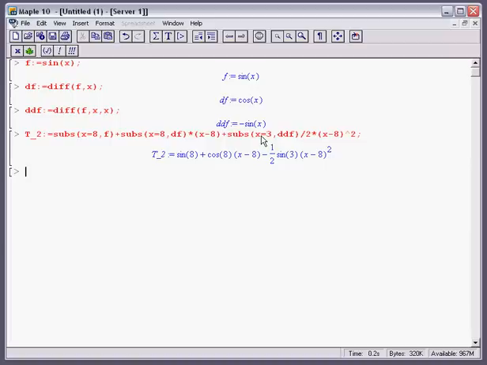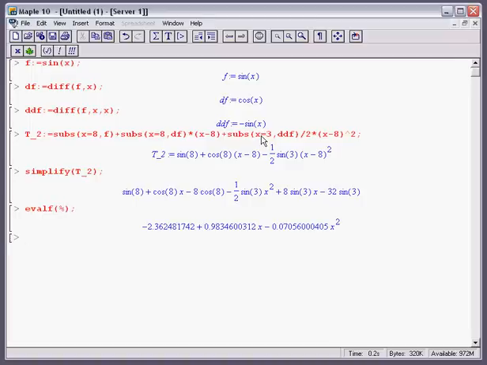By the way, I was able to simplify that further, if you would rather see it in simplified form, that is, expanded all the way out. You could even evaluate it with evalf and have a very specific form for your Taylor polynomial.